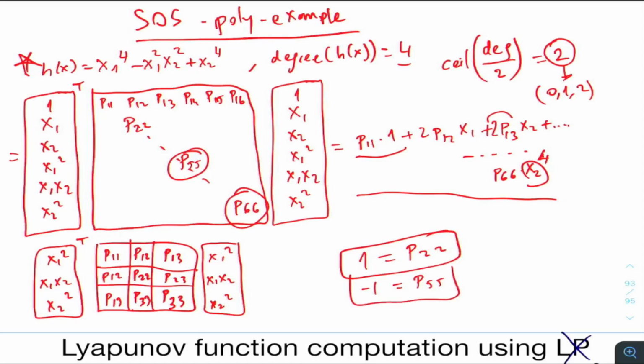All right, this is your second constraint, and here p66 for x2 to the 4, right? And you cannot generate it other than using these base functions, and this is the sixth entry, the 6 comma 6 entry, p66. So am I making a mistake?